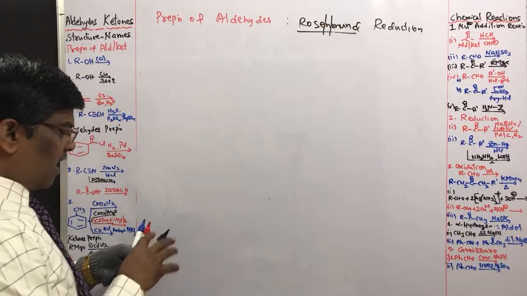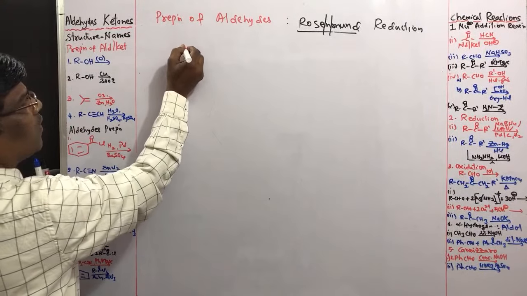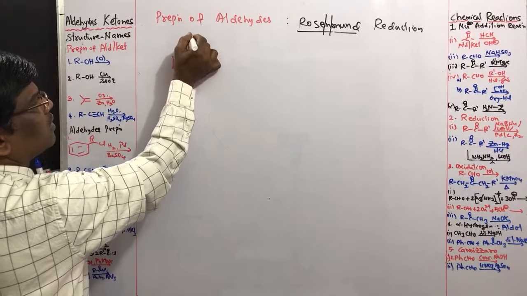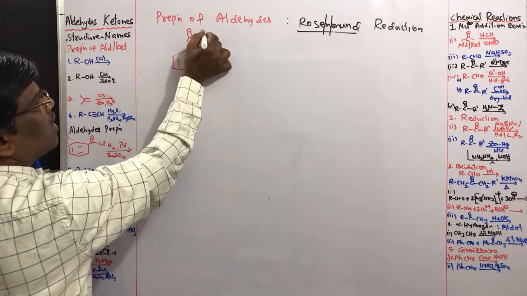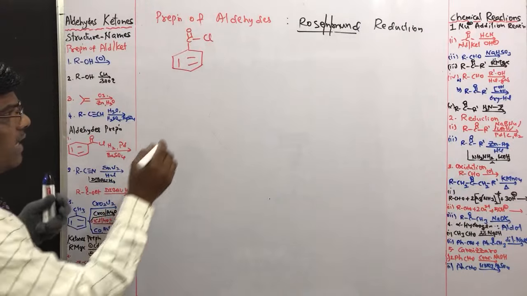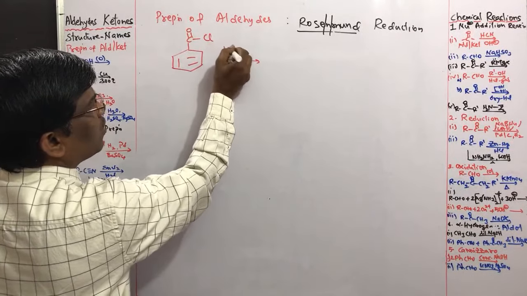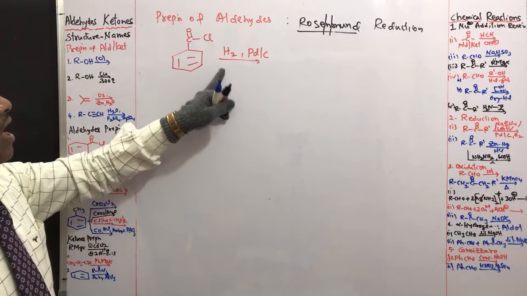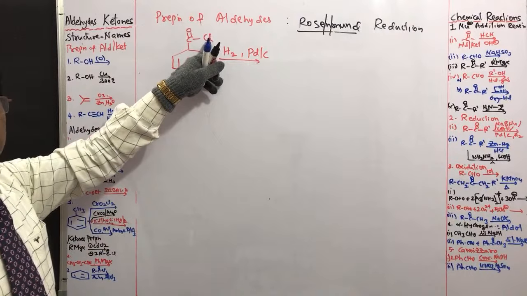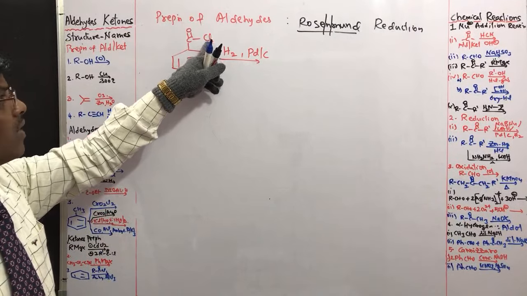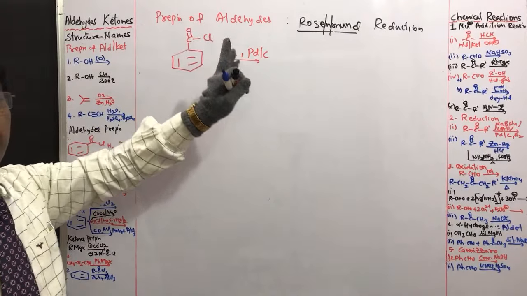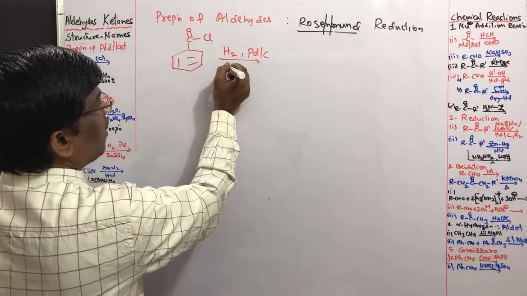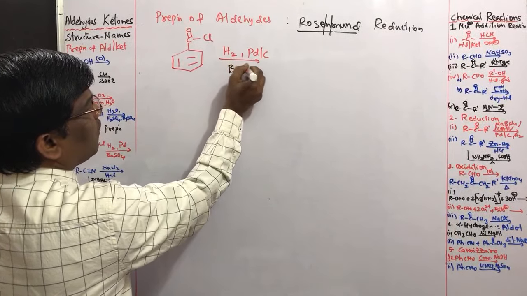What is it? Acyl halides, for example, benzoyl chloride. This is benzoyl chloride. When I treat it with hydrogen in presence of palladium on carbon, it is going to reduce halogen to hydrogen, and this carbonyl compound is going to be stable when the only condition is I have to add barium sulfate.